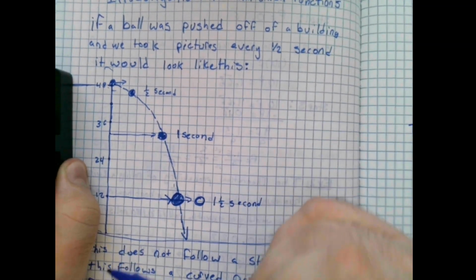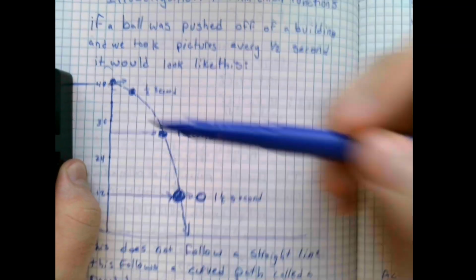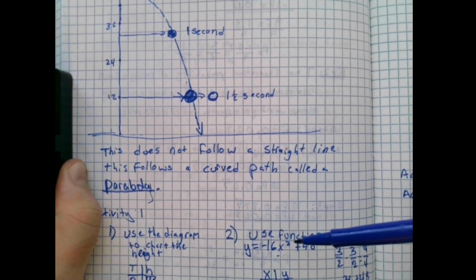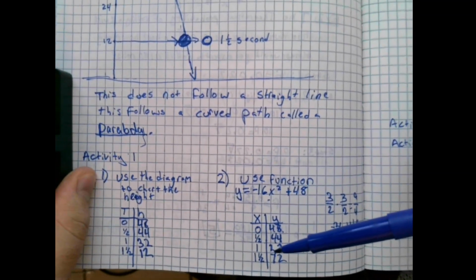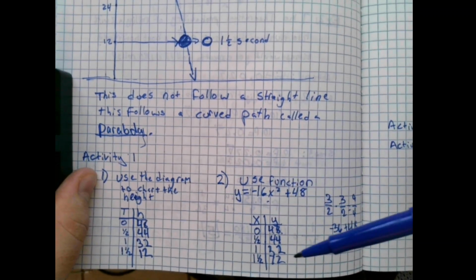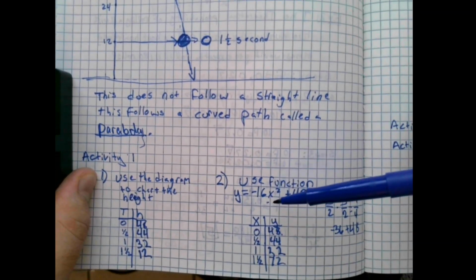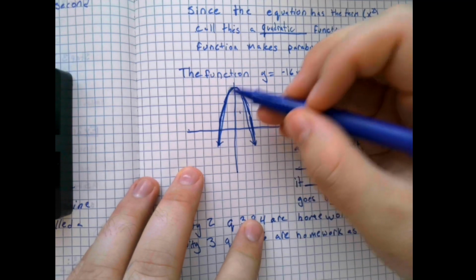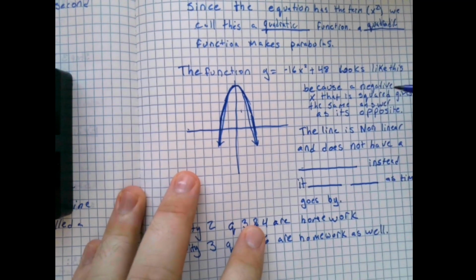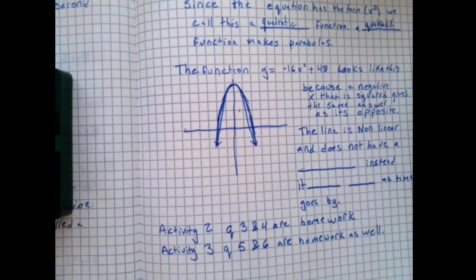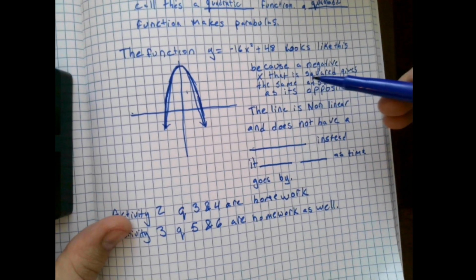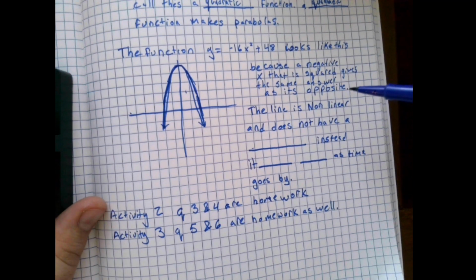But if we did have a negative number squared using this negative 16x squared, if we took, for example, 1 squared was 1, but negative 1 squared is also 1. That means that the negative side of this function is going to mirror the positive side. They're going to look like mirror images. So, because a negative squared gives the same answer as that number as a positive squared.